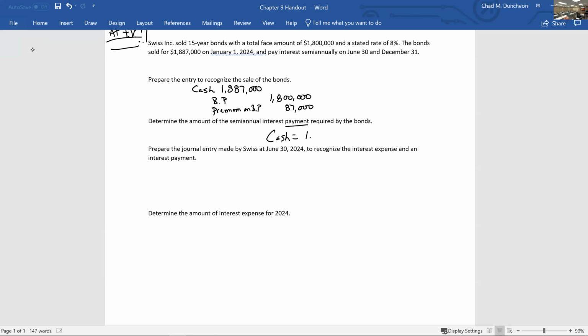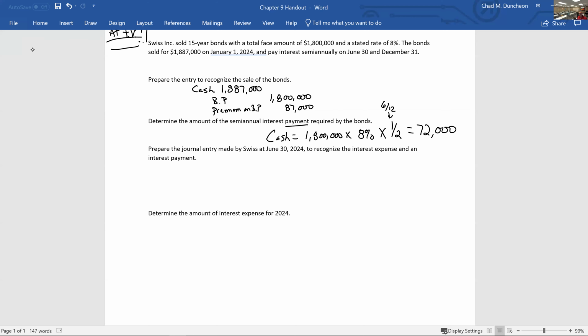So our cash equals our face value times our percent times 1/2, or divided by 2. And that's because they're semi-annual. That's 6/12, half of a year. You can just break it down into that a little bit lower. And you're going to see that we're going to pay out $72,000 in cash.